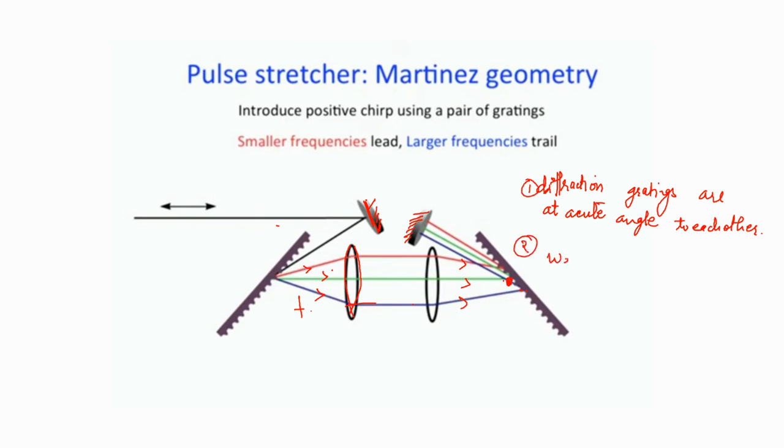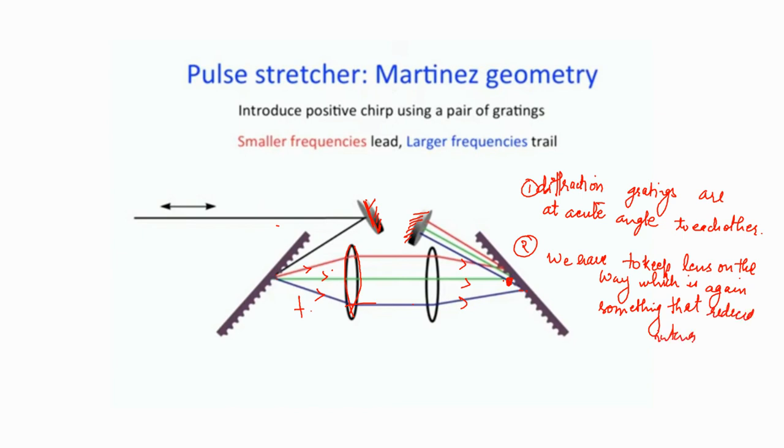The second fact is we have to keep a lens on the way, which is again something that reduces intensity.